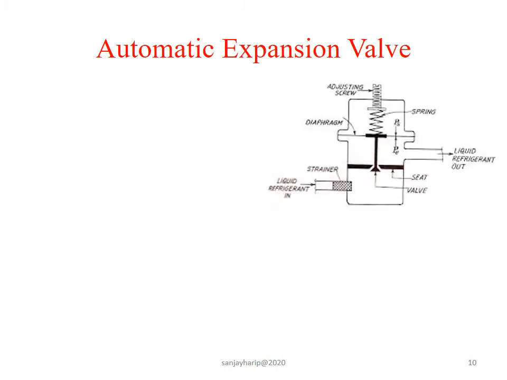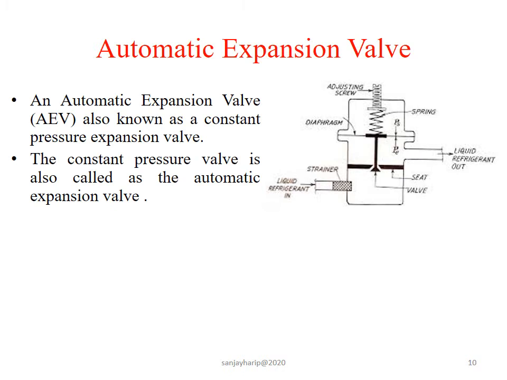So let us see another type of expansion valve, that is automatic expansion valve. The figure is shown. An automatic expansion valve is also known as constant pressure expansion valve. This constant pressure expansion valve were popular in olden days or in industrial applications.